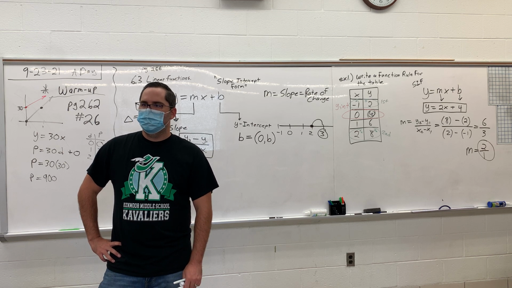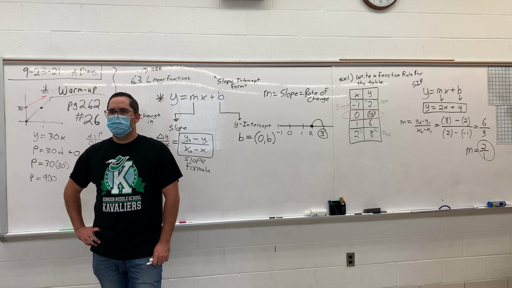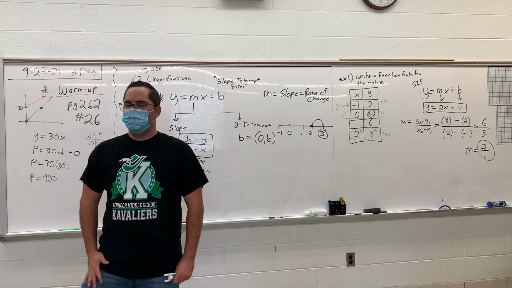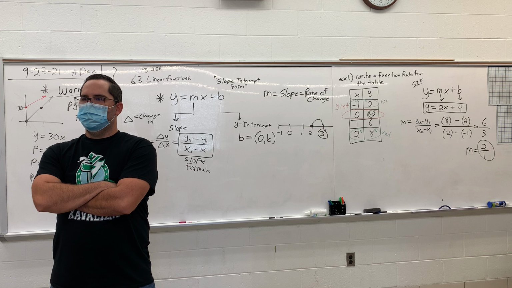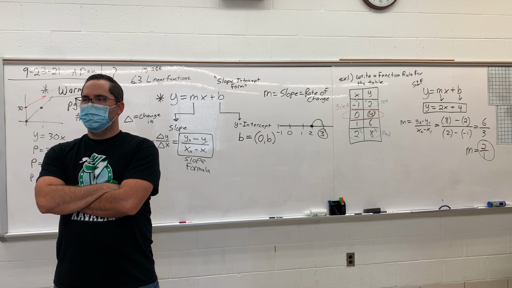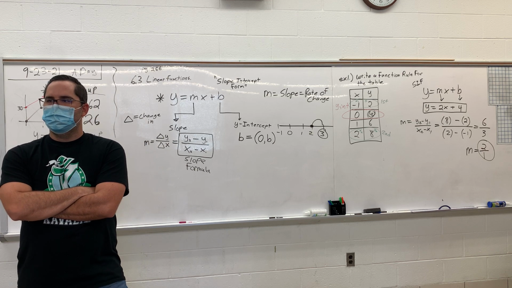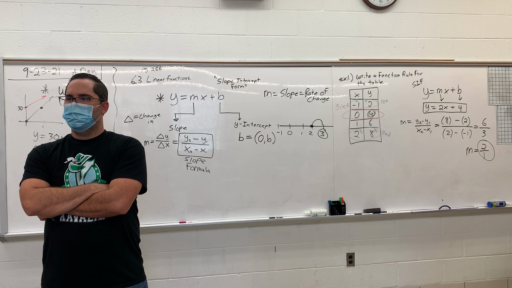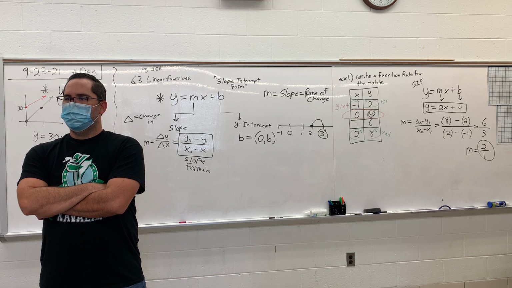And then after that, you subtract y2 and y1 and then x2 and x1. And then after that, you simplify the fraction that you get. And if it's possible for it to be a whole number, then you can do that as well. And then you plug it into the y formula.